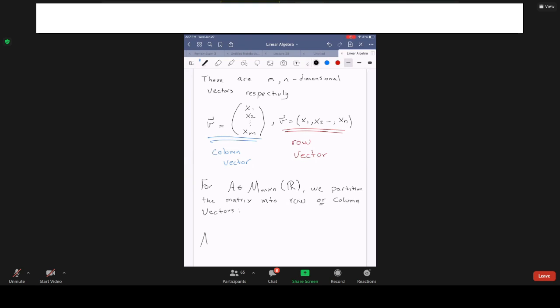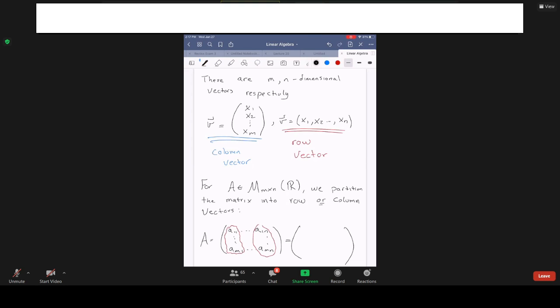If you have A equals a11 all the way to a1n, and this goes all the way to am1, and this goes to amn, you can do one of two things. You can literally call each one of these a column vector and write the matrix this way.